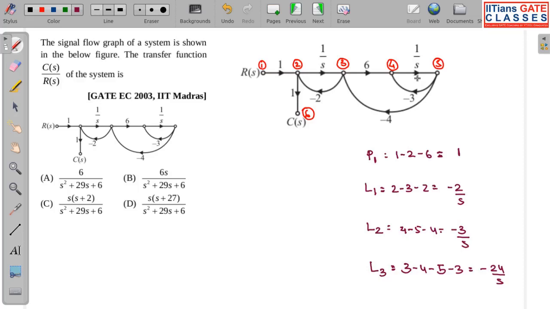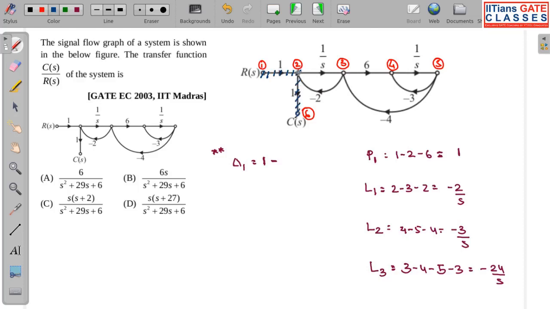Now the associated path factor, del 1, is very important. See, it is 1 minus all the loop gains after removing the forward path. If you remove the forward path, make sure to remove these nodes also.